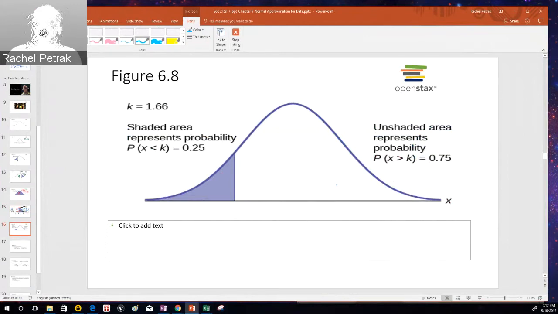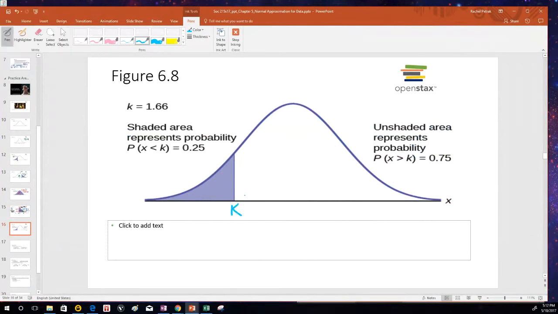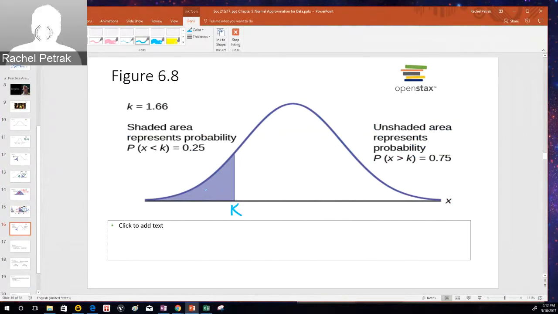They didn't even label K. This must be K here. And so they're telling us this proportion of the distribution is 0.25, and this area over here is 0.75.